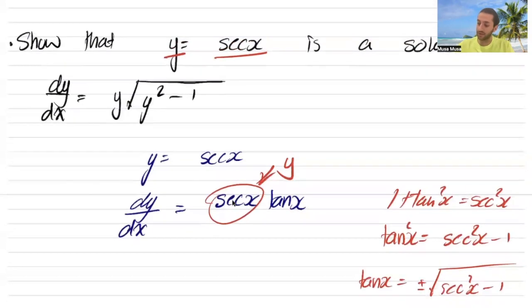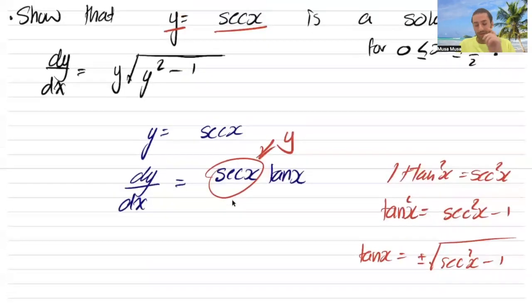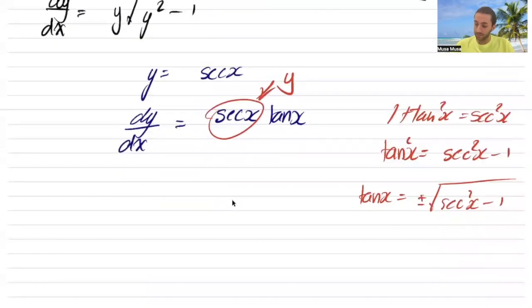Maybe I should have mentioned something. We'll say for x's between 0 and pi on 2. My bad. That's a bit better. Now that I've mentioned this, I can distinguish between the plus or the minus, because my x's are between 0 and pi on 2, tan is positive, so we should take the positive.